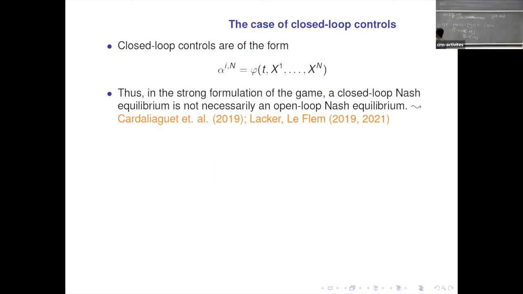So maybe just a quick reminder of what Fabrice explained. Here in a closed loop case, you want alpha to be a function of the states. And in principle, you expect that it should be what you do in practice. You want to know where the other people in the game are before making a decision, not just what the noise is, right?